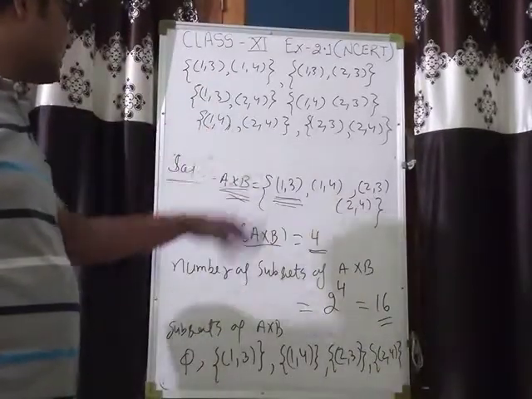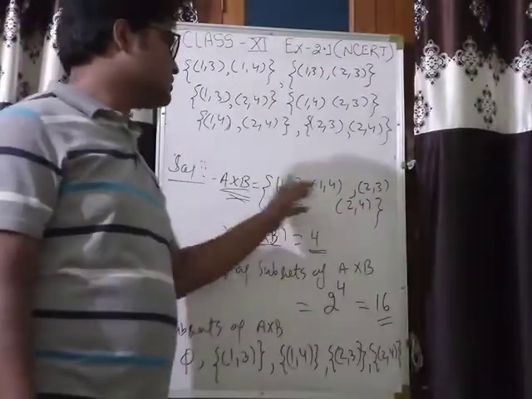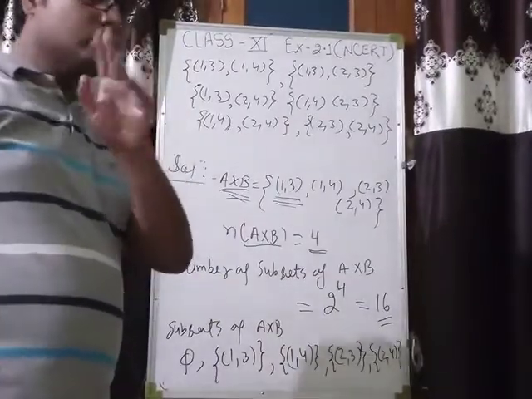So these are the subsets of A Cartesian product B having 2 elements.